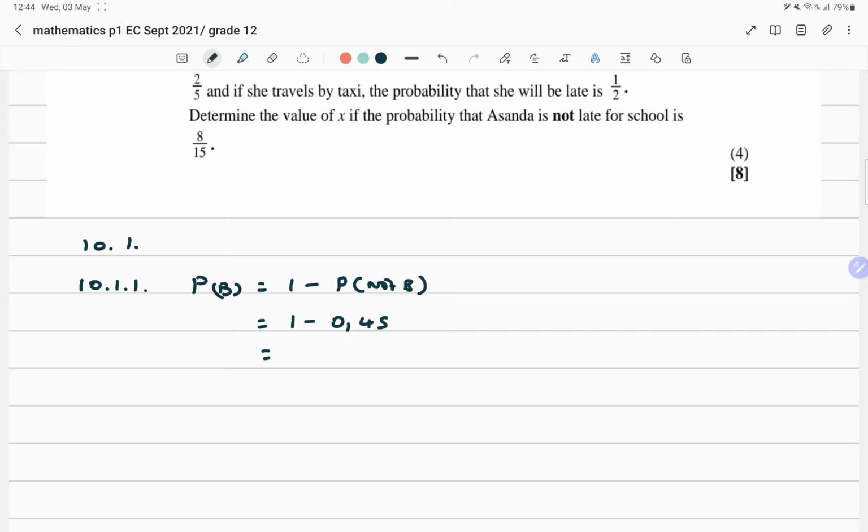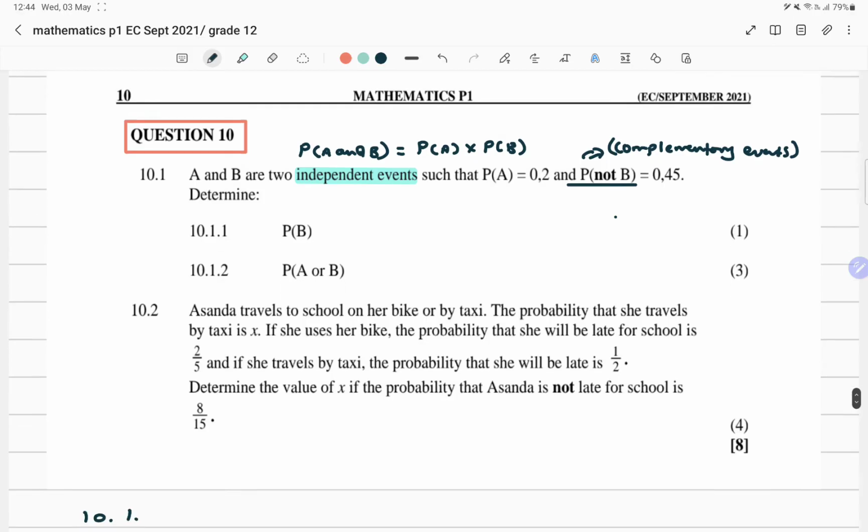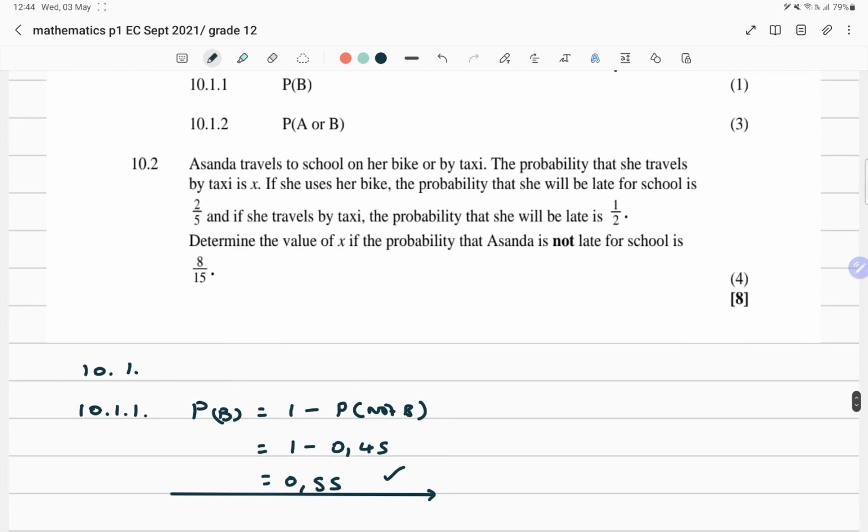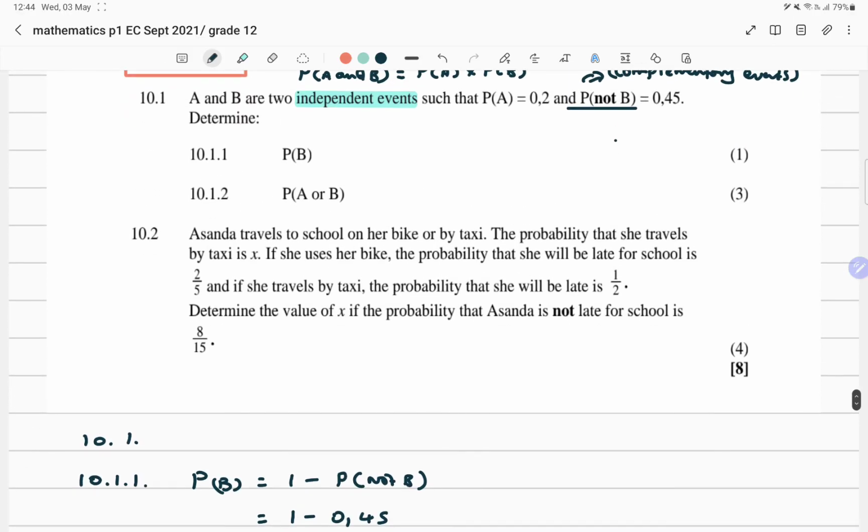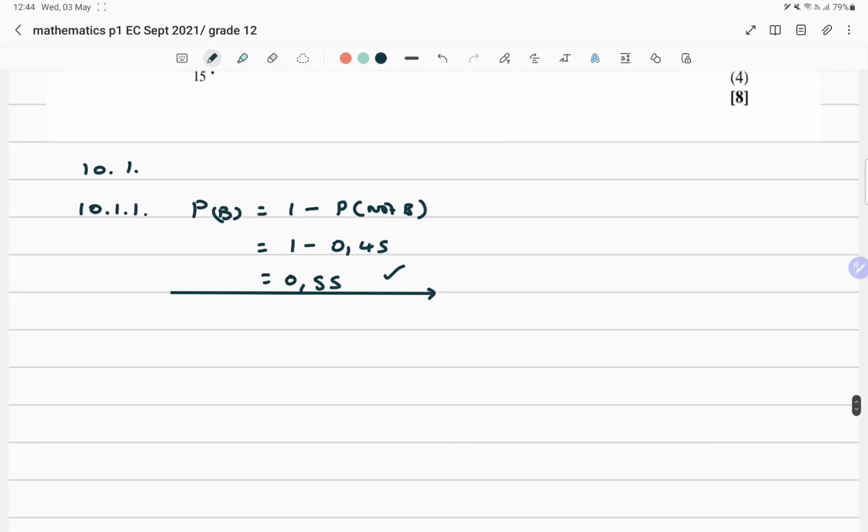And then we're going to have 1 minus 0,45. So this is 0,55. Okay, easy. Easy stuff. So this one is a straightforward question, so that's why it's 1 mark. Nothing busy there.